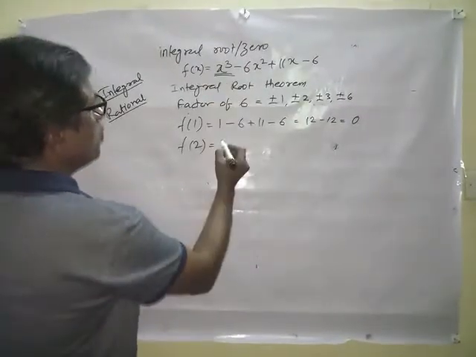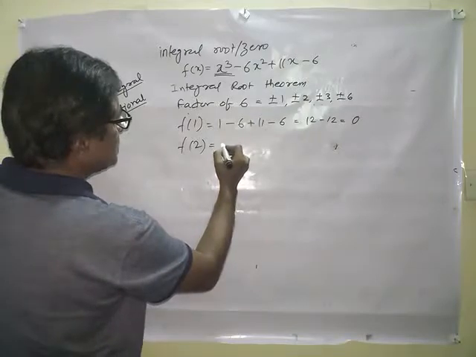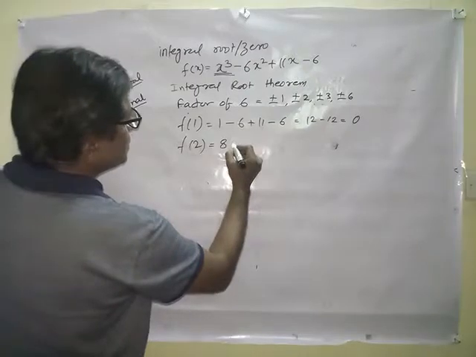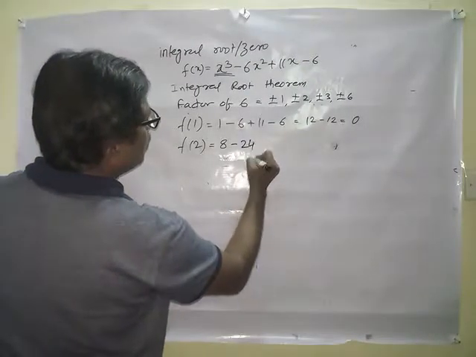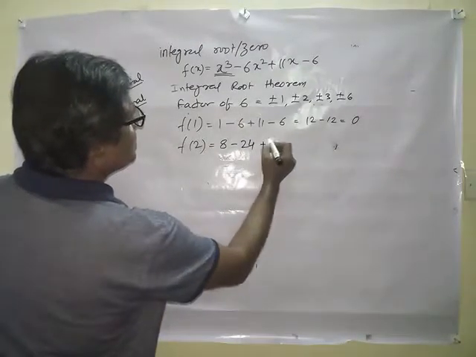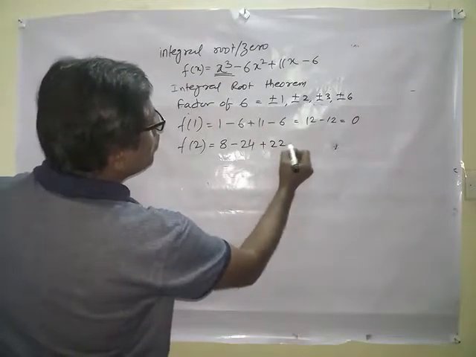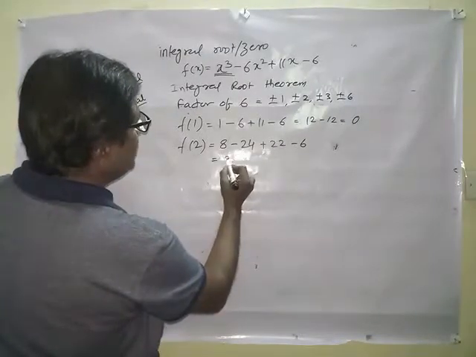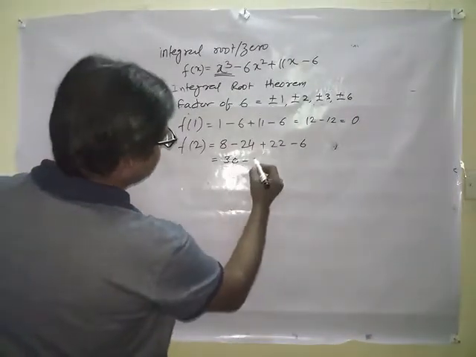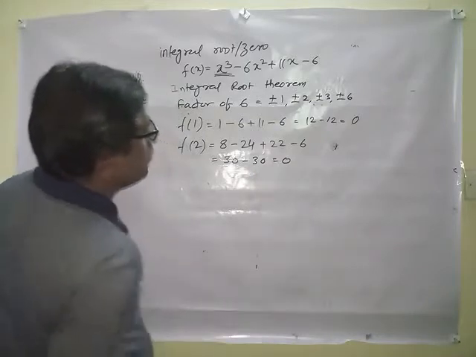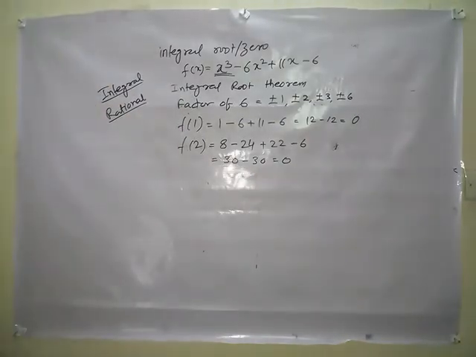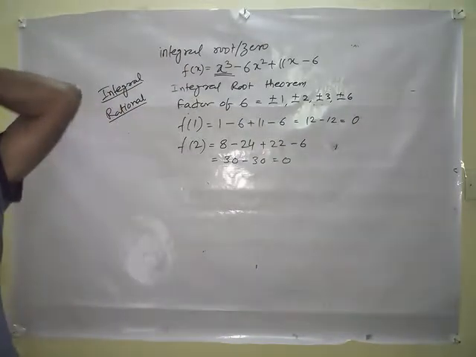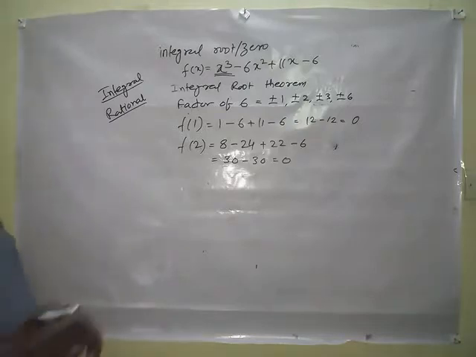Let us apply 2. 2 cube is 8. 2 square is 4, 4 into 6 is 24, plus 11 multiplied by 2 is 22, minus 6. This is 22 plus 8, 30, minus 24 minus 6 is 30, equal to 0. So that is another root or zero for this polynomial equation.